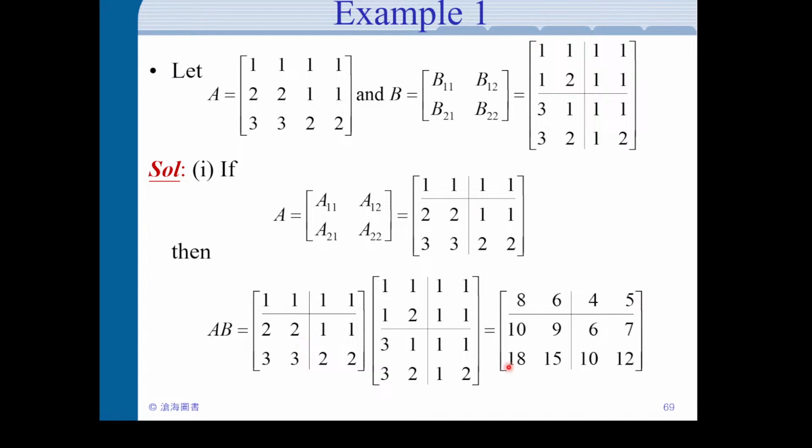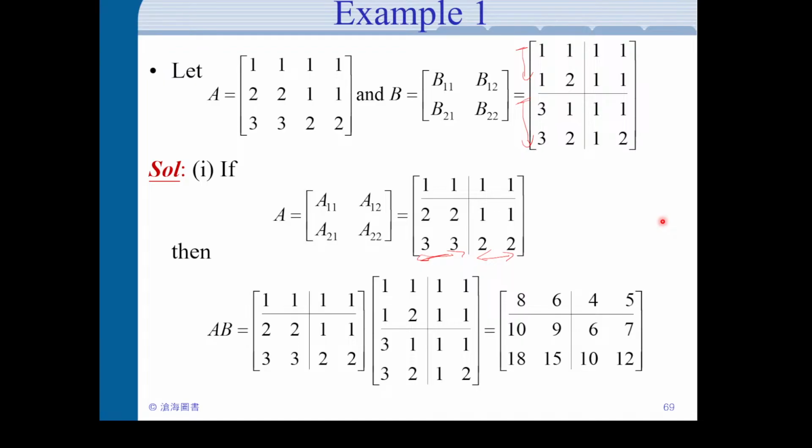You can see each block can have a different dimension, and the only requirement is that these two dimensions should match these two dimensions. And you see that the partition on the rows of the result is the same as the partition on rows of A, and the partition on columns is the same as the partition on columns here.